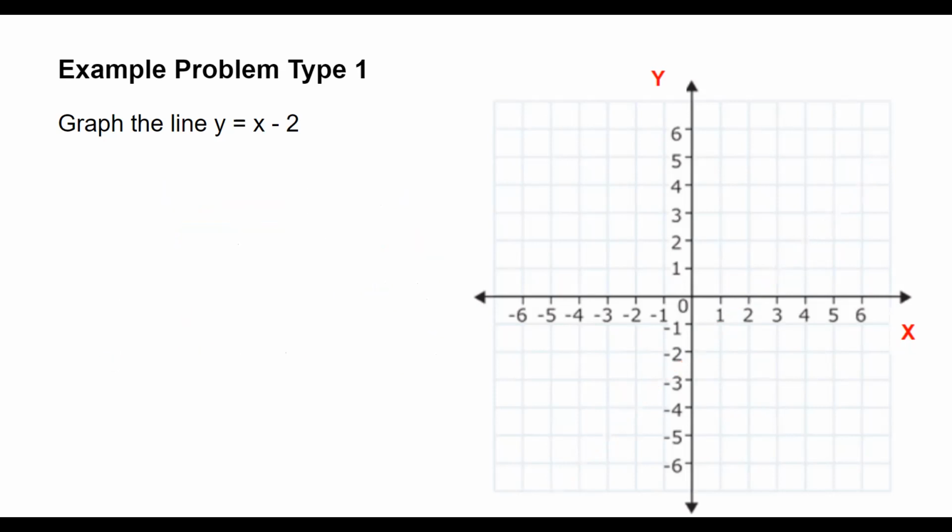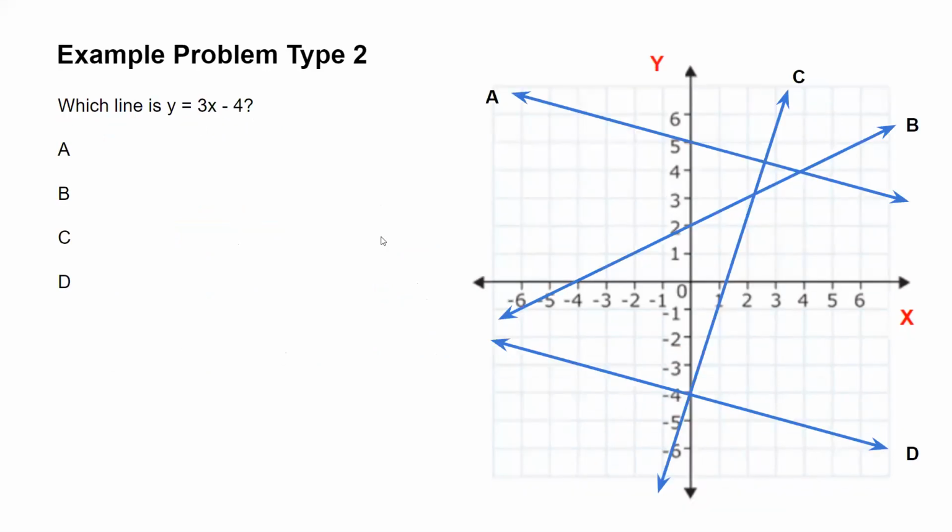Now, it can be difficult to design a GED style question where you would actually have to graph a line like that. So this might be a more typical way that you would use this technique. Which line is y equals 3x minus 4? And we have this very confusing array of lines here.